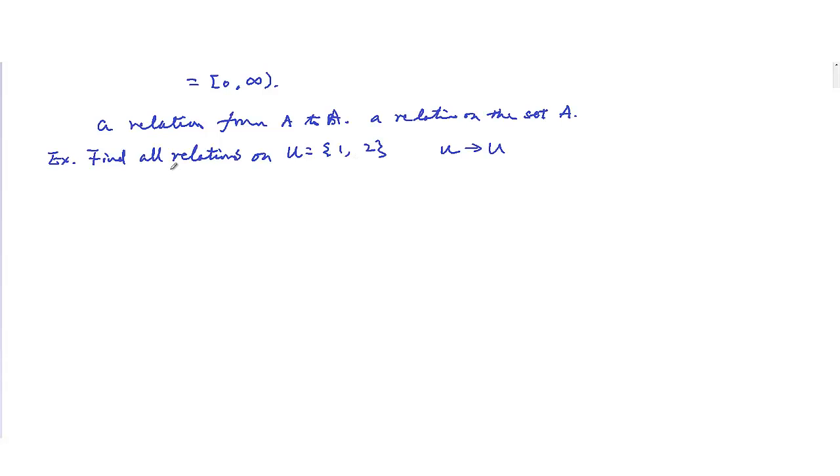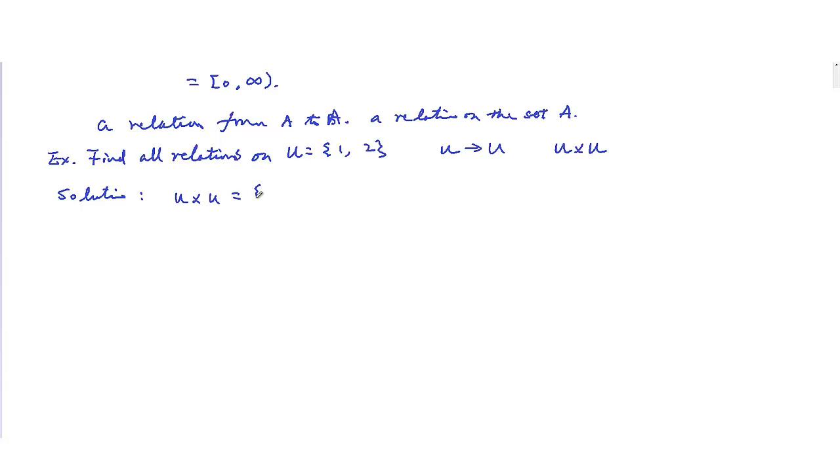Remember, we mentioned a relation is a subset of the cross product. So to find all relations is actually to find all subsets of U cross U. But let's look at what the elements of U cross U are.